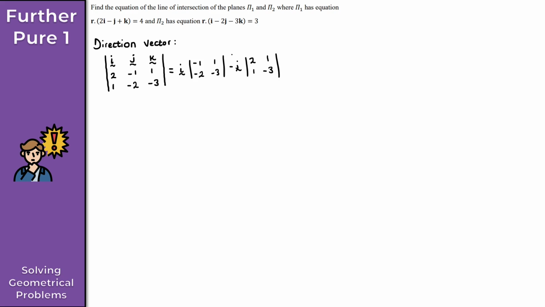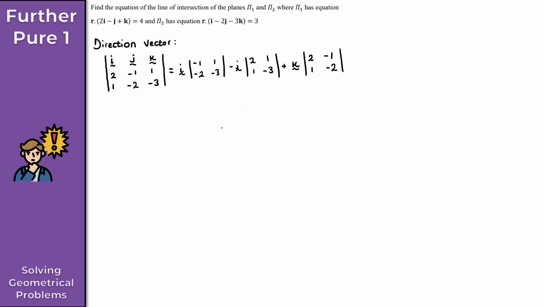And finally we have plus k times the remaining 2x2 determinant, so 2, -1, 1, and -2.